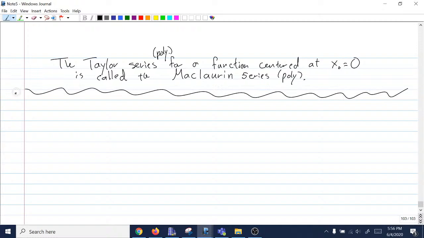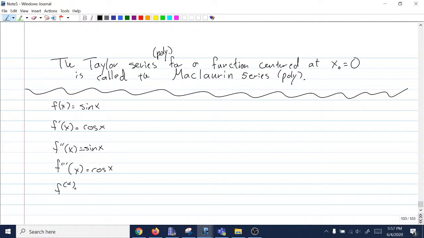We want to be able to work out some of these. Let's try sine x. The derivative is cosine. The next derivative is negative sine. The next derivative is negative cosine.